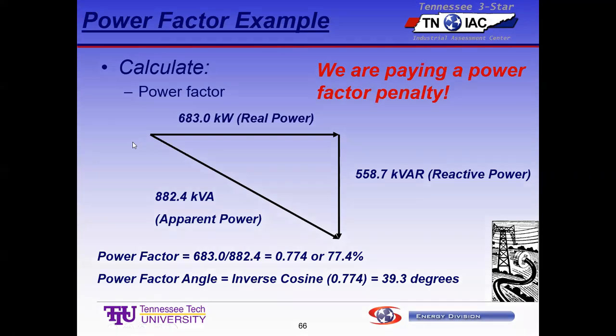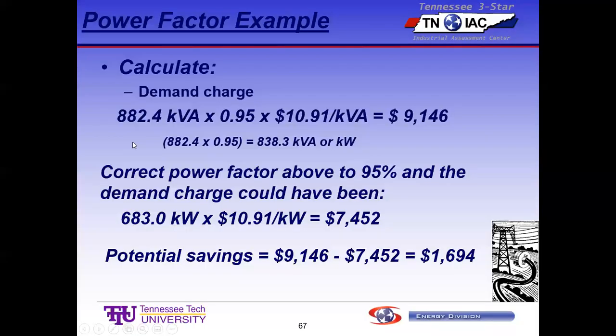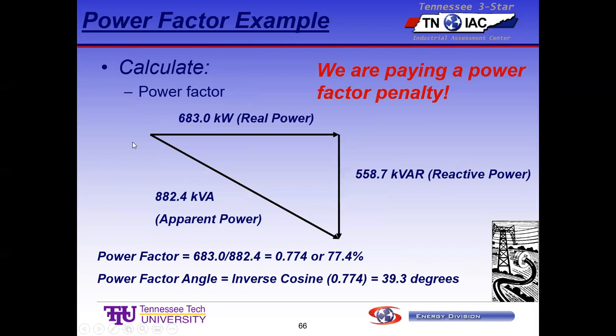Now, different rate structures will have slightly different calculations, but they all go back to the power triangle. It's just how the rate structure is written. One way to do it is they say your real power is 683, but that's going to be the same no matter what the power factor is.